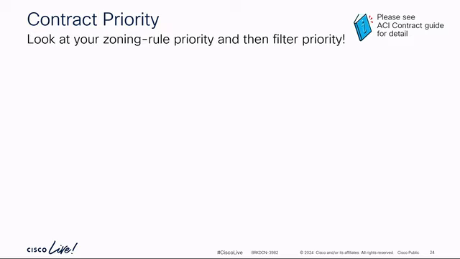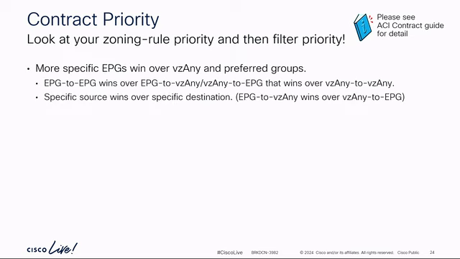Since we talked about zoning rule and filter-based action, I'm going to double-click on how we can mix permit, deny, redirect action. In a nutshell, the more specific configuration will win. EPG contract wins over EPG to VZNE, that wins over VZNE to VZNE.